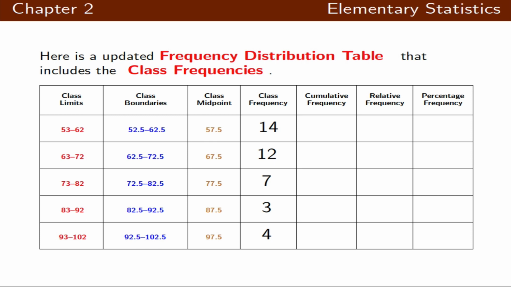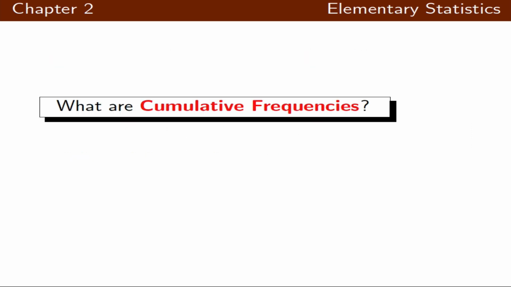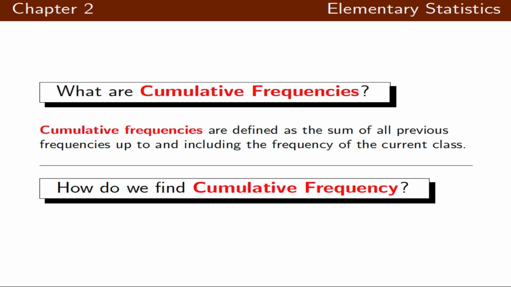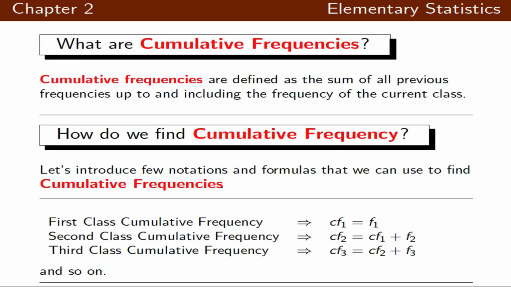So now we need to find cumulative frequency. For cumulative frequency, we start with the first class frequency, which becomes the first cumulative frequency. And then we keep adding the frequency of each class in order to get to the next cumulative frequency. So add F2 to F1 to get the cumulative frequency for the second class.